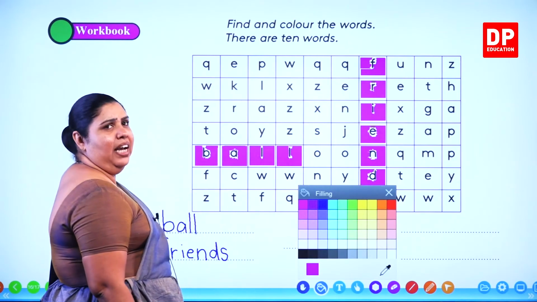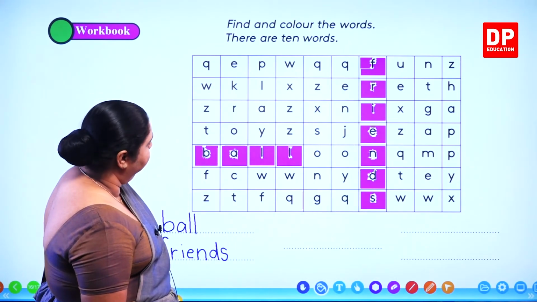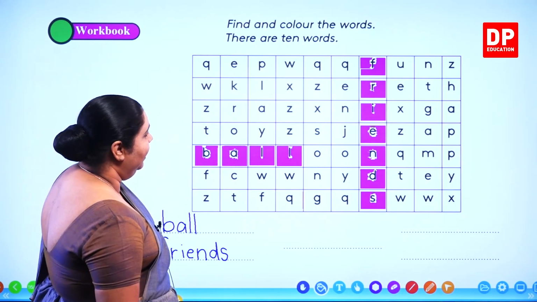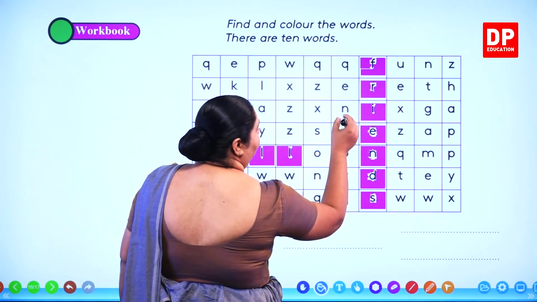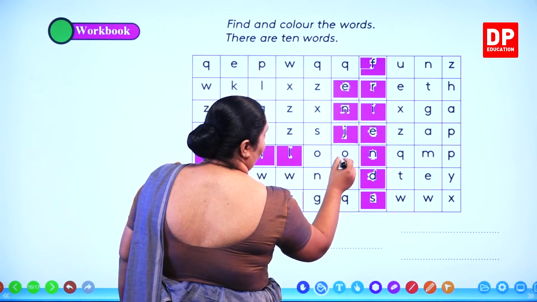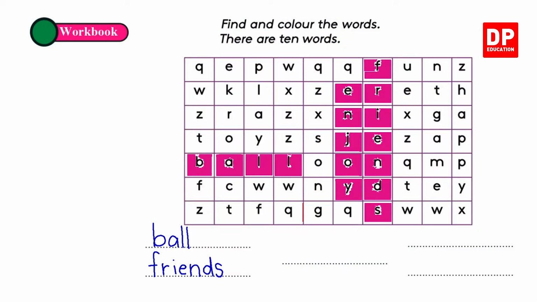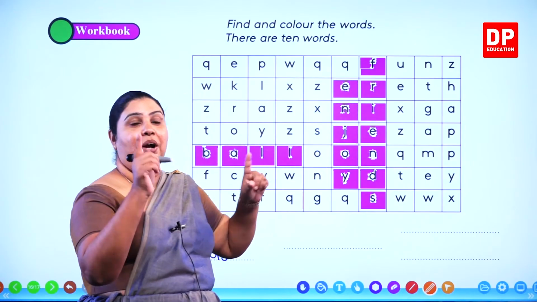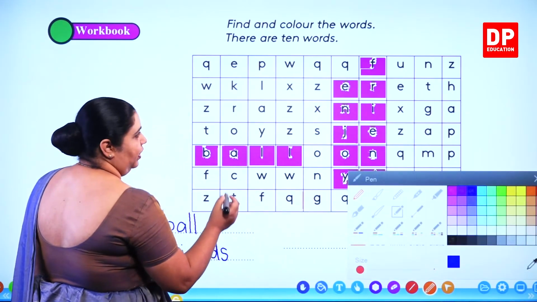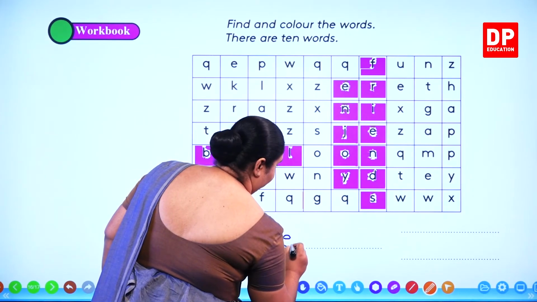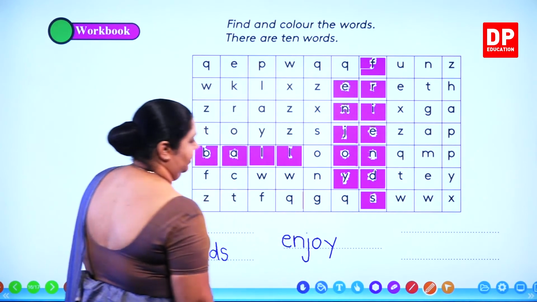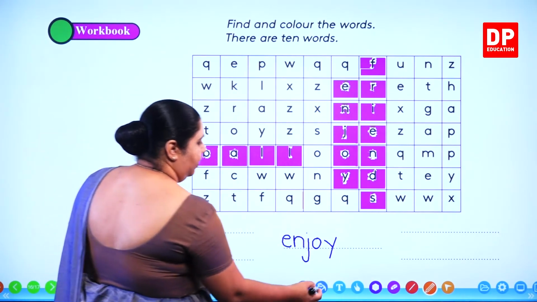What are the other words that you can see here? We have the word enjoy. Can you see? E-N-J-O-Y. Right, so now we have the word enjoy. So now we are going to write that. Enjoy. Okay, right. How do we write the word enjoy? E-N-J-O-Y. Enjoy.